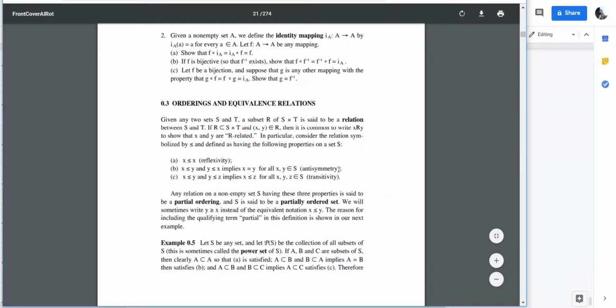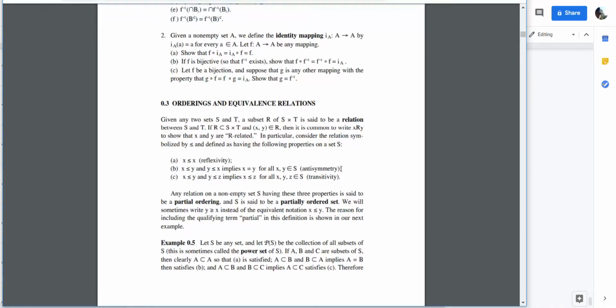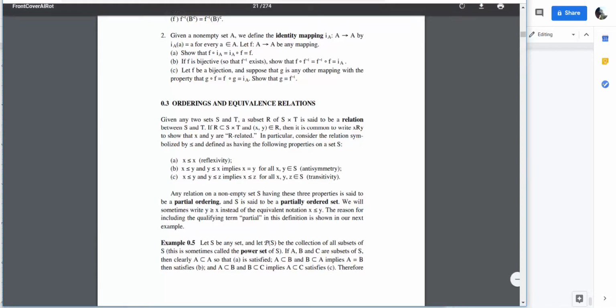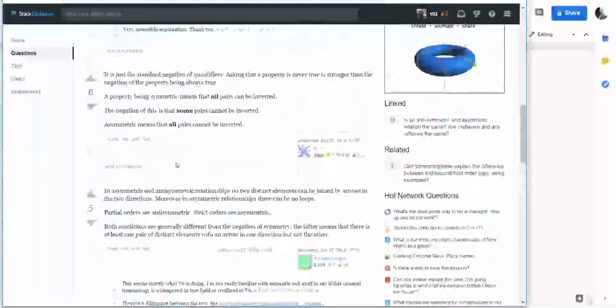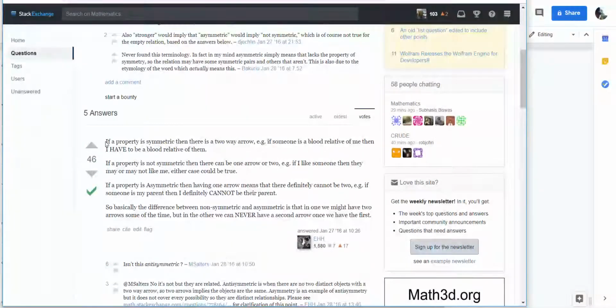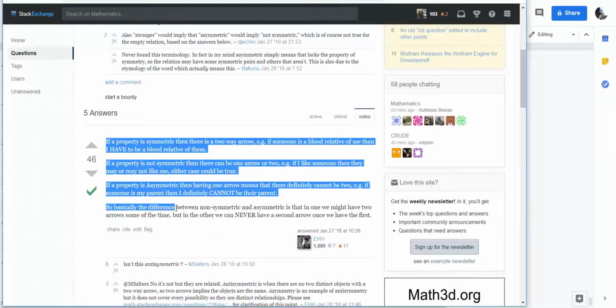It said antisymmetry. Yeah, so some are actually... This is a really nice explanation. This guy really nailed it, hit the nail on the head.